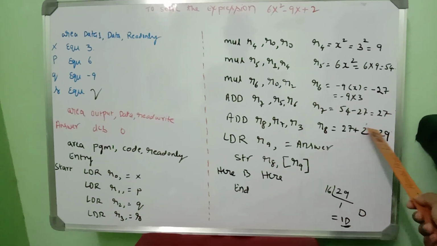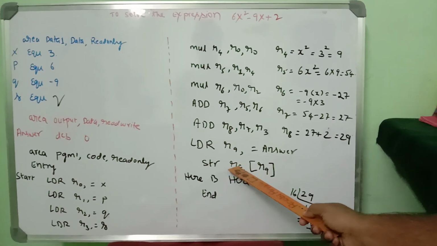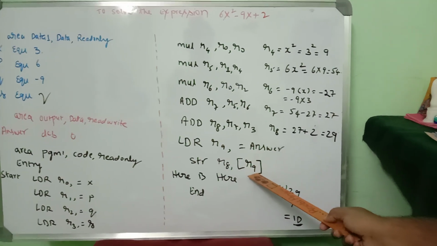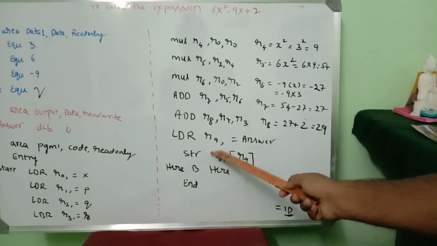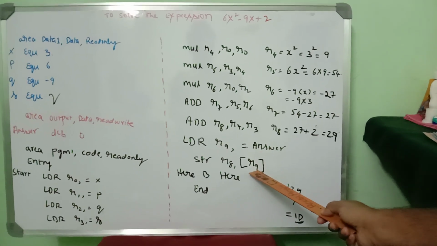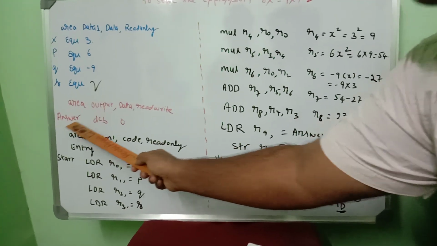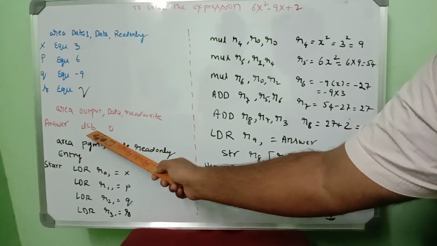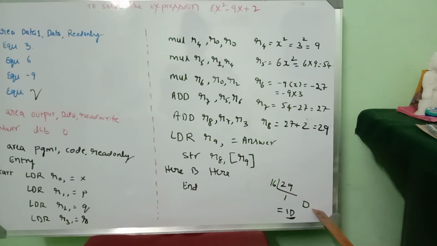Where is the answer? It is there in R8. So store the content of R8 into the location pointed by R9. R8 has got the answer 1D. It will go to the location pointed by R9, in the sense R9 is pointing to answer. This is the location where you have reserved a byte of location filled with 0. 0 will be replaced by 1D.